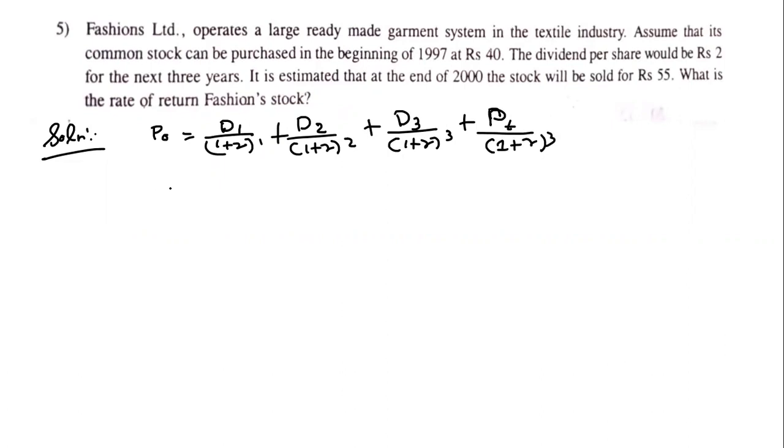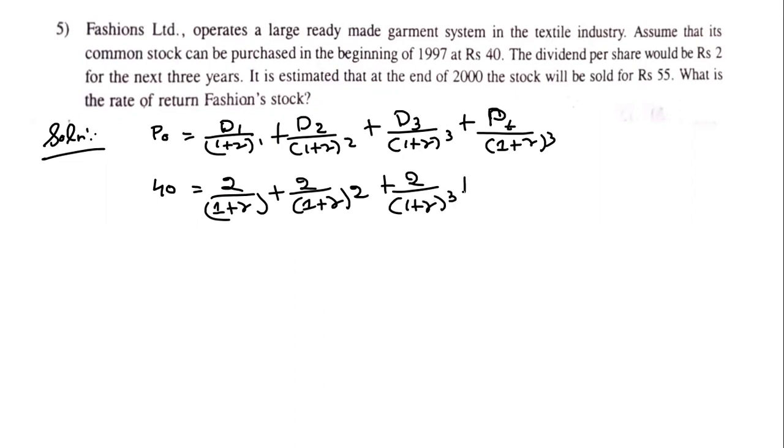If we put it in the formula, 40 we know is the beginning price, and 2 we know, and we have to calculate R. So 2 over 1 plus R, plus 2 over (1 plus R) squared, plus 2 over (1 plus R) cubed, plus 55 over (1 plus R) cubed. By trial and error, the answer should come to 40 when the dividend is 2. So let's go with the trial and error method.